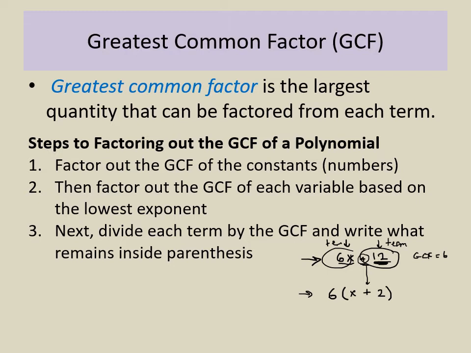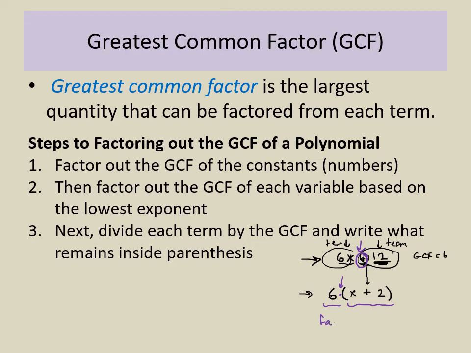The difference between terms and factors is that, as we said before, terms are separated by addition or subtraction, but factors are separated by multiplication. If you look at what we have here, we have a factor of 6 times a factor of x plus 2. There's multiplication that separates these two now.